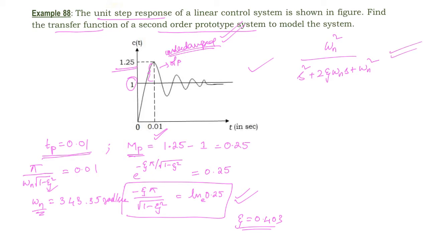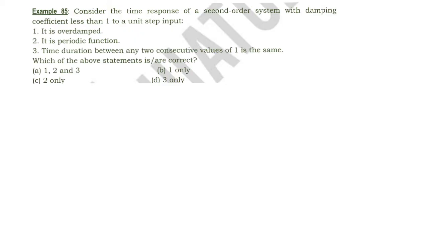So the next question we have: consider the time response of a second order system with damping coefficient less than 1 to a unit step input. With reference to this time response, three statements are given. What are these three statements? One, it is overdamped.